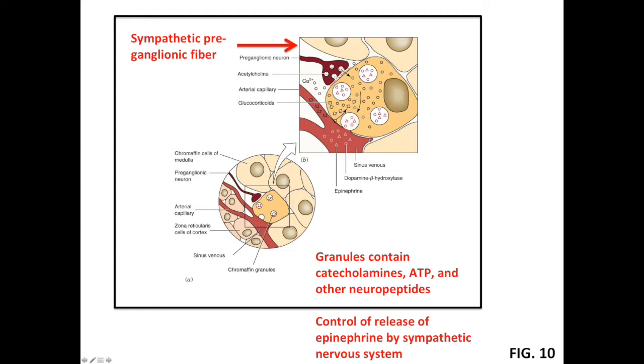And in the granules you have catecholamines, both epinephrine and norepinephrine, ATP and other neuropeptides that confer the signals of the adrenal medulla. So it's essentially innervated by the sympathetic system, and it results in a systemic response to sympathetic activation.